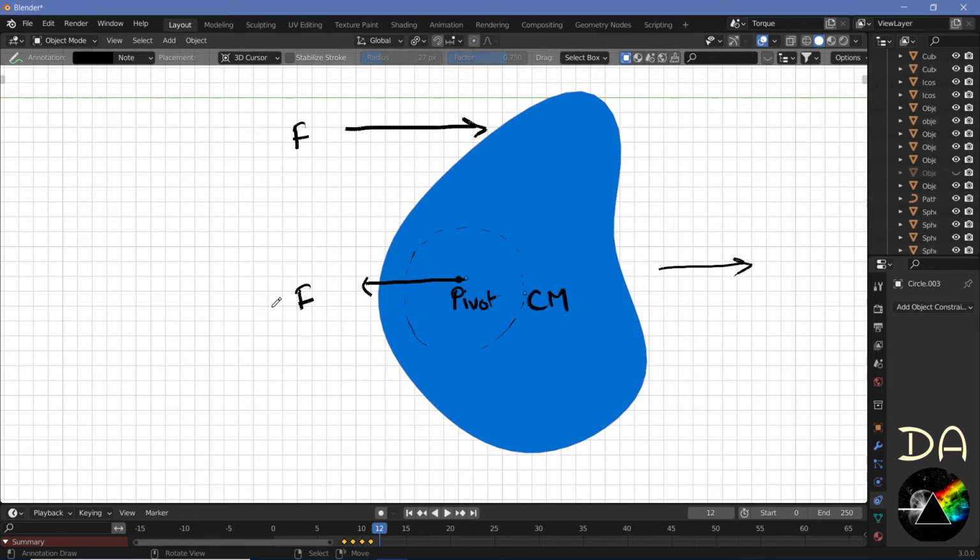So this is just going to be minus F. It's just in the opposite direction. If this minus F was not present, then the object would have to move forward. But since the object doesn't move forward and only rotates, there must be this reaction force coming from the pivot. So in order for any type of rotation to happen, there has to be this reaction force, meaning the minimum number of forces involved is always going to be 2.